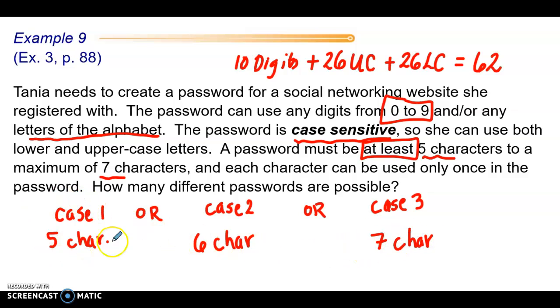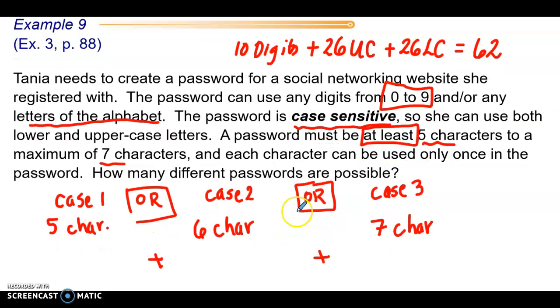We are going to find the number of possibilities in each case, and then we are going to add those cases together.